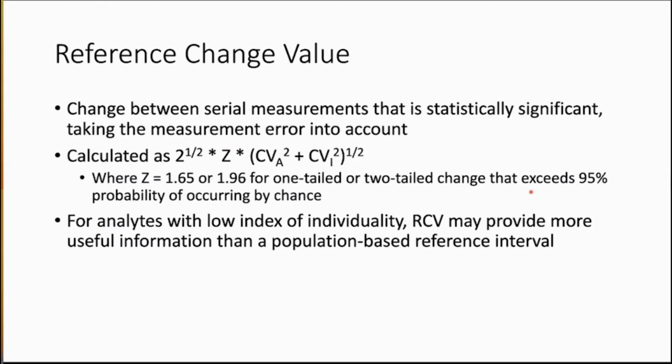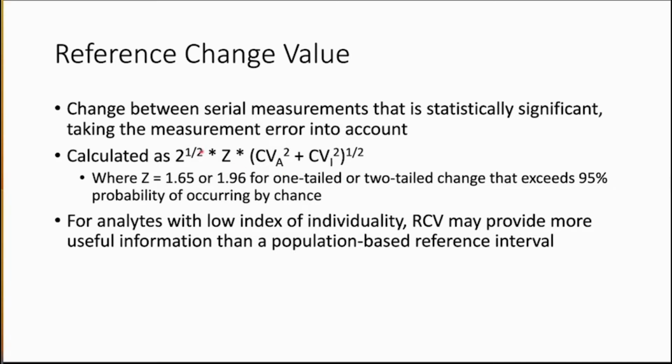And that leads on to the next concept, which is the so-called reference change value. That's to say, if we look at serial measurements within an individual, what level of change do we consider to be statistically significant? And there is a formula that's used to calculate this.